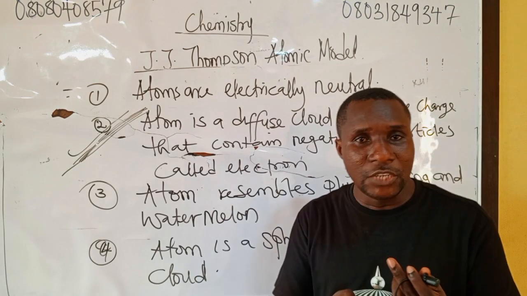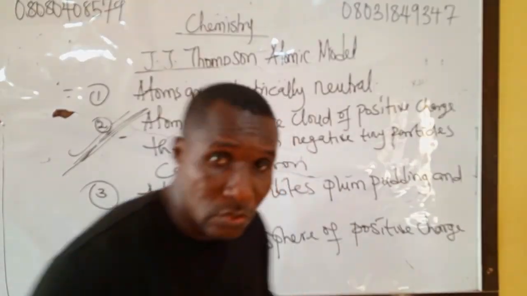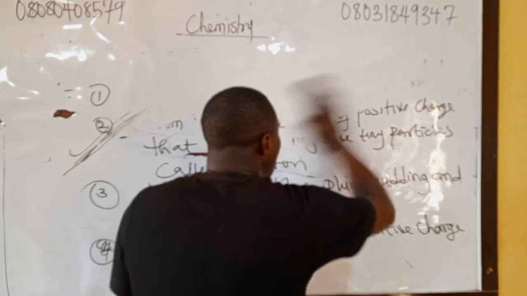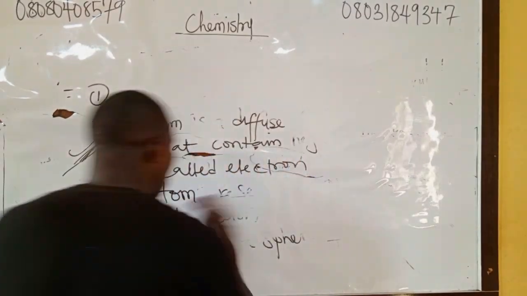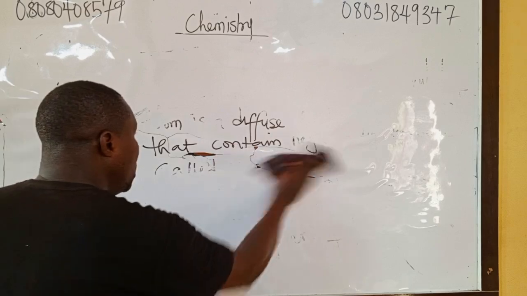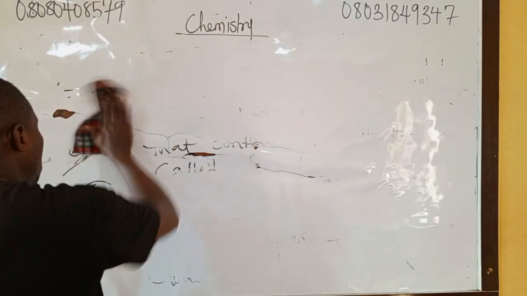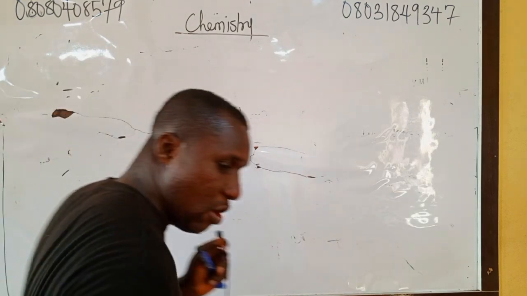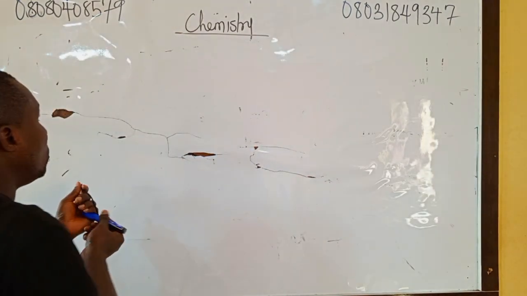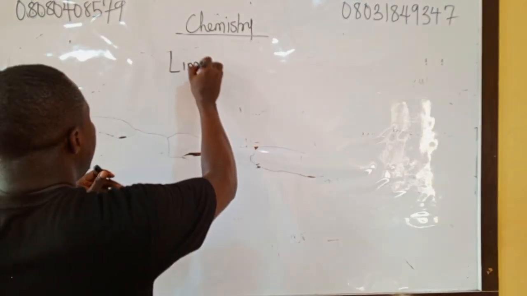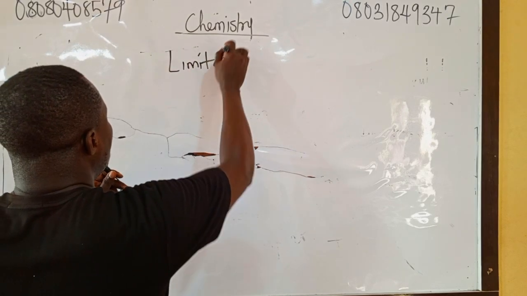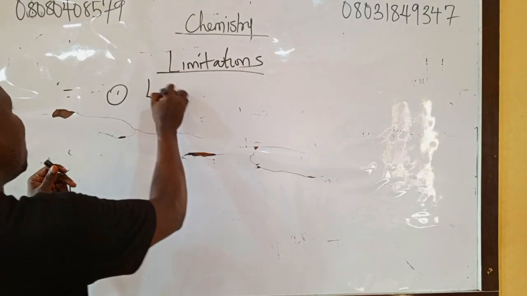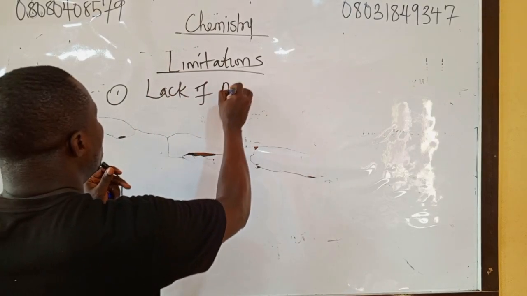Then what are the limitations to the J.J. Thompson atomic model? Number one, lack of nucleus.